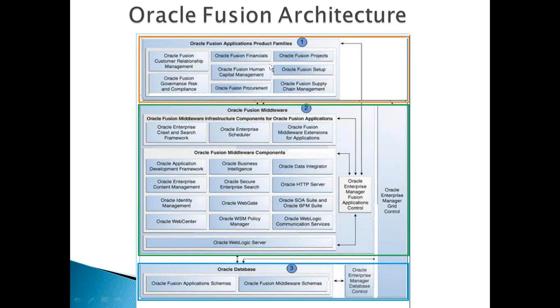Basically these product families are what we call offerings; we'll discuss that once we get into the application detail level. Let's go through the screen however Oracle is giving it to us. And apart from that, we have Oracle Fusion Middleware.